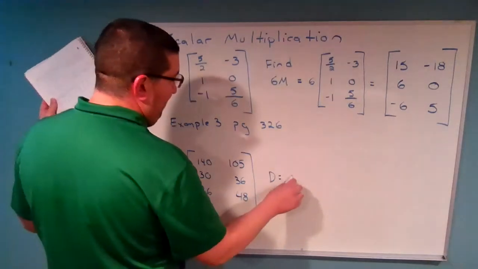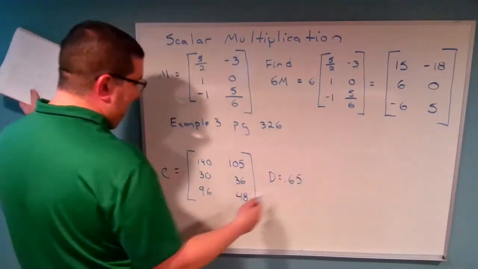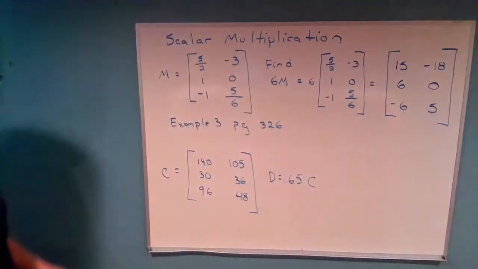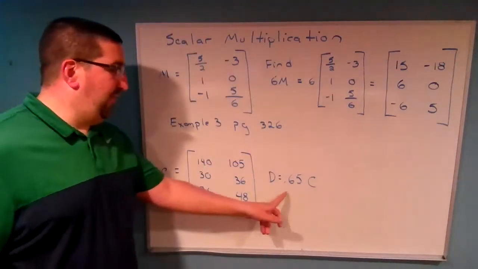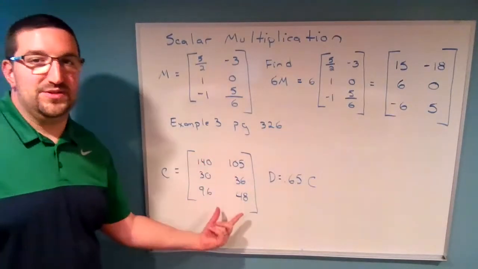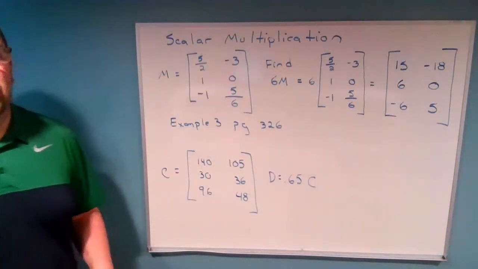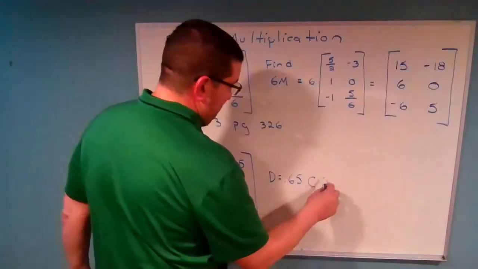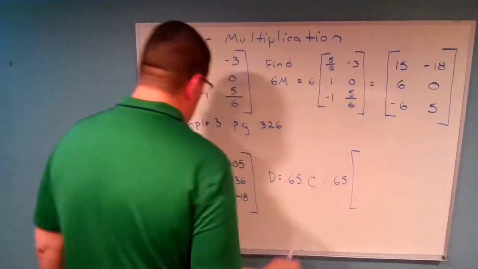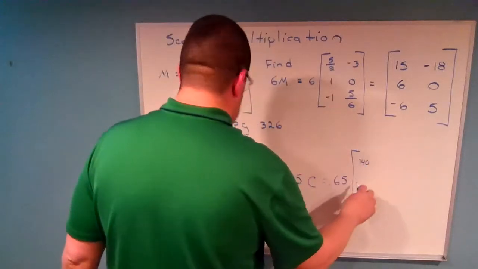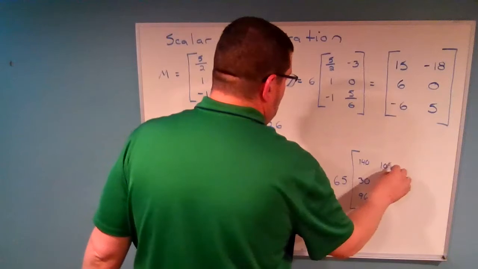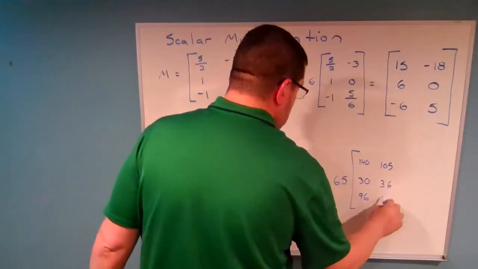So US dollars would be 0.65 times C. Because 0.65 is less than 1, these numbers are going to decrease, which is the same as division. So we're dealing with 0.65 times our matrix of 140, 30, 96, 105, 36, and 48.